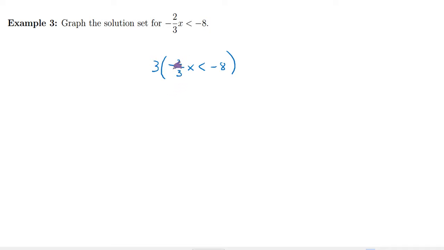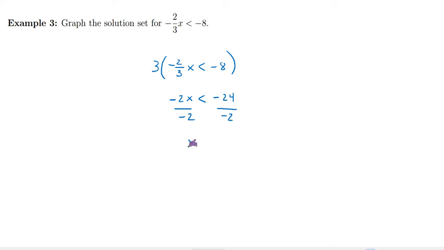Now we'll get some cancellation, and the numerator that's left over is minus 2x. And 3 times what we have over here will be minus 24. And now to isolate the x on this side, we're going to divide by negative 2.